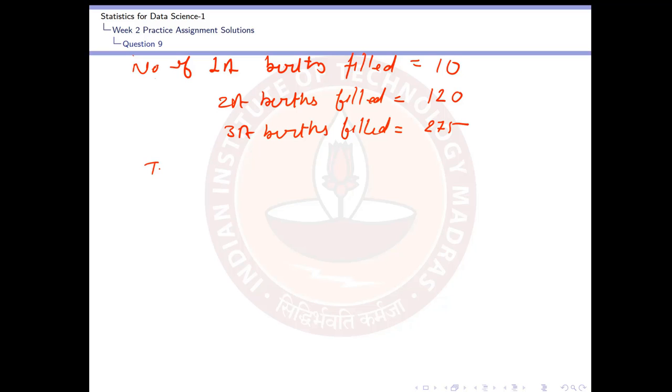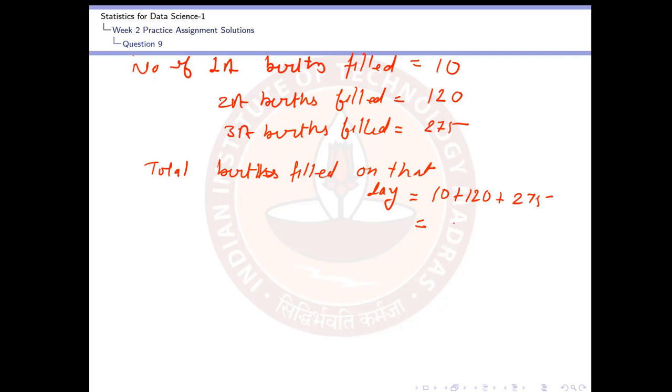So total berths filled on that day will be 10 plus 120 plus 275, that will be your 405.